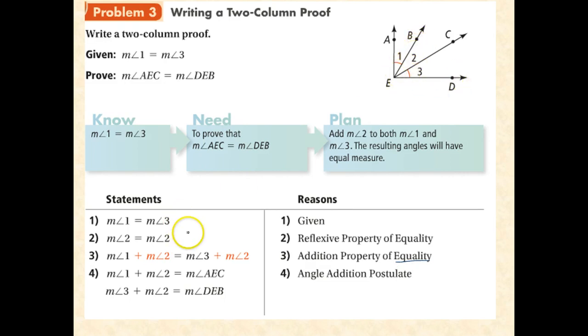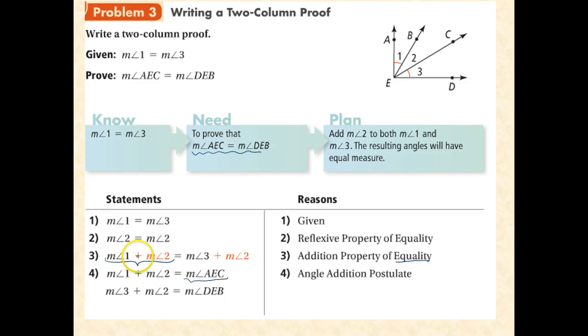Okay, so we're getting to the bottom of the page here, so we should be getting close to this, right? Well, let's see. What is this right here? This is just the measure of angle AEC. If there was only some property that I could use to just substitute this notation for this sum.